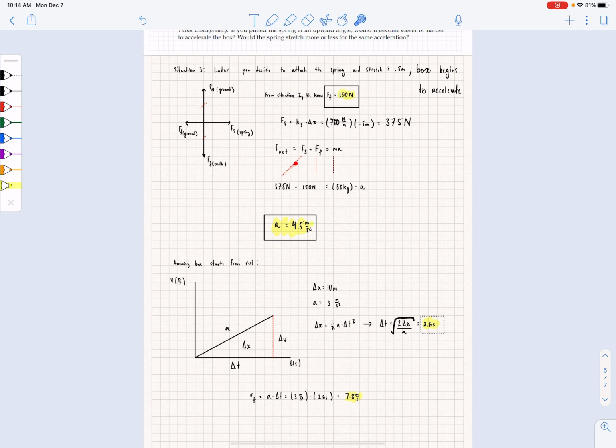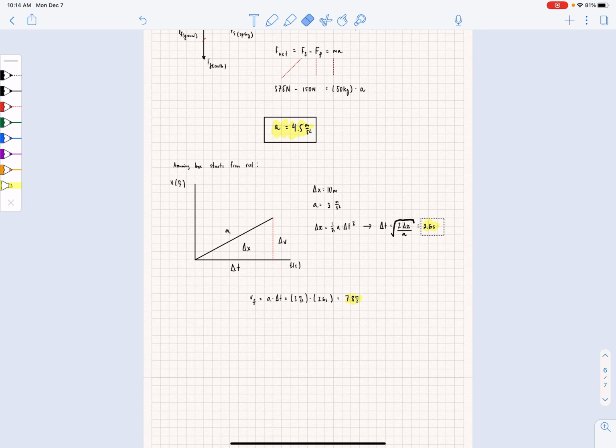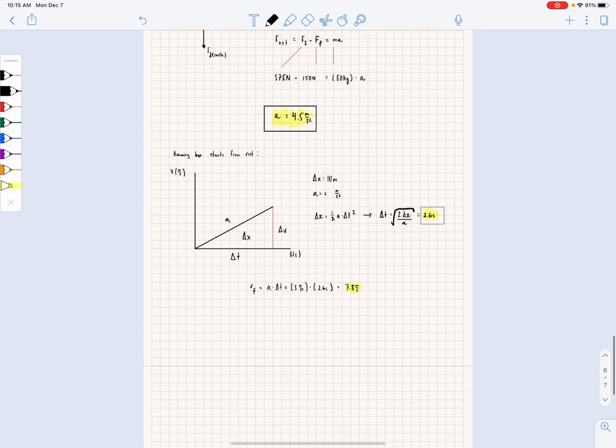Okay, so we have the spring force, we have the force of friction, and we have the mass of the block. The good news is we can just not worry too much about the numbers. I'm not going to review the motion analysis because I think you guys are proficient at that. So I'm just going to plug in these new numbers. Let me just Desmos this out real quick. So we have the square root of 2 times 10, which is the displacement, divided by the acceleration, which is 4.5.